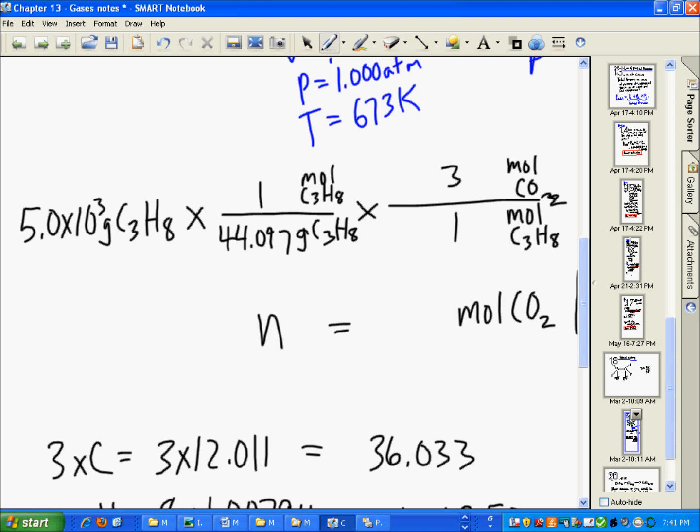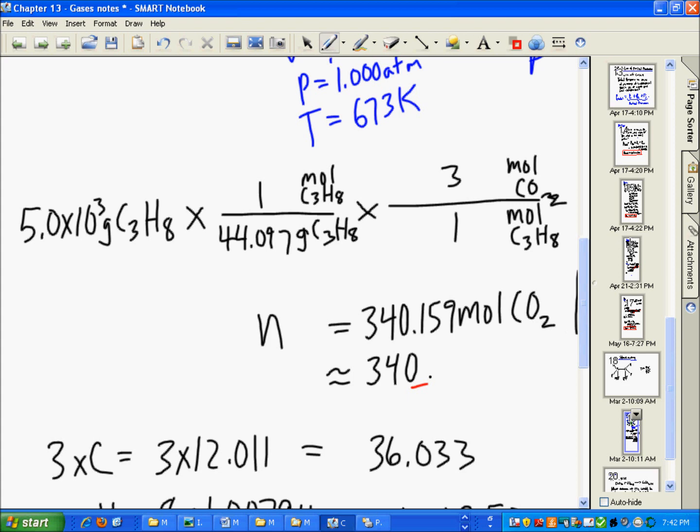So it should be 5.0 EE3 divided by 44.097 times 3. That's 340.159. It should be 2 sig figs, but in this problem it won't make much difference, so let's carry an extra sig fig.